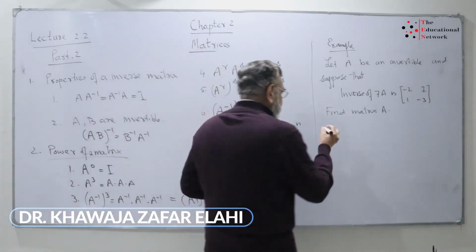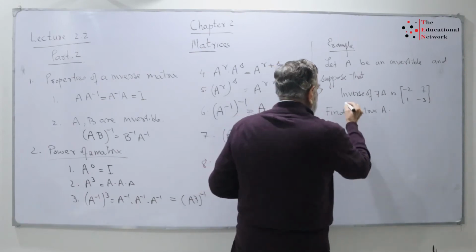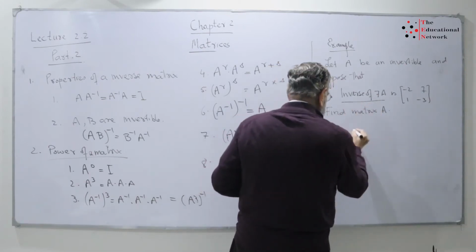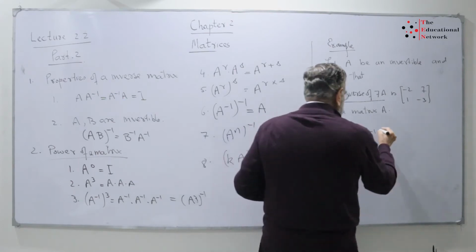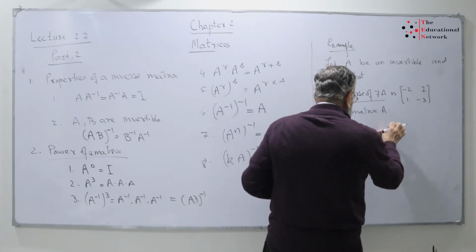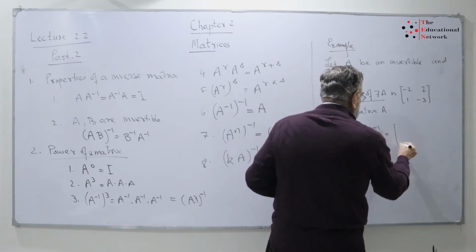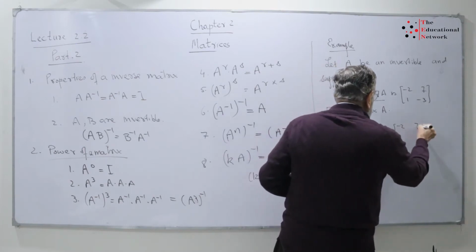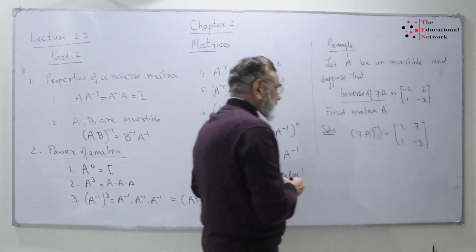One thing you must be very clear: we are saying here the inverse of 7A. It means (7A) inverse is equal to the matrix minus 2, 7, 1 and minus 3.